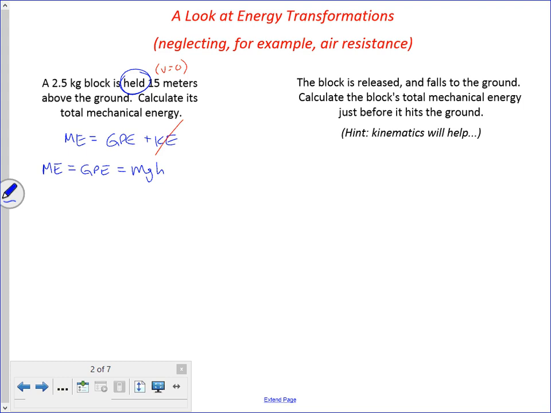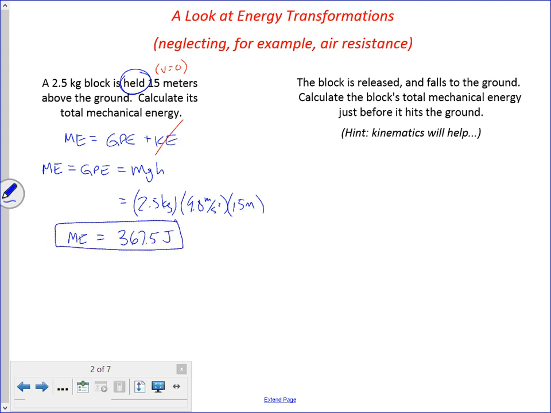That means this is just 2.5 times 9.8 times 15 meters, and we get that the total mechanical energy, really just the gravitational potential energy, is 367.5 joules. Is that okay?